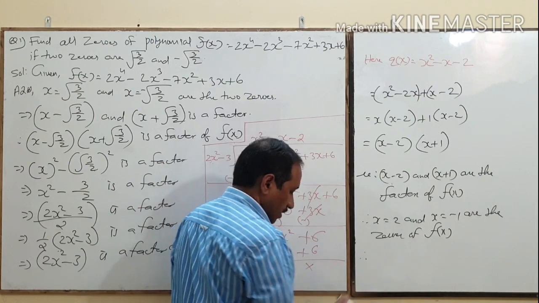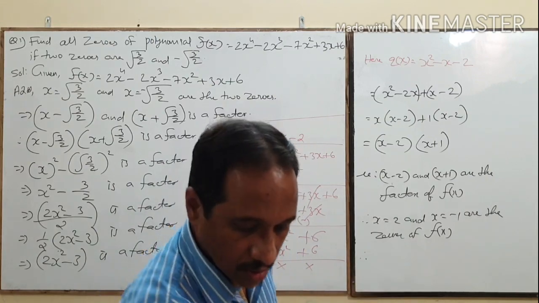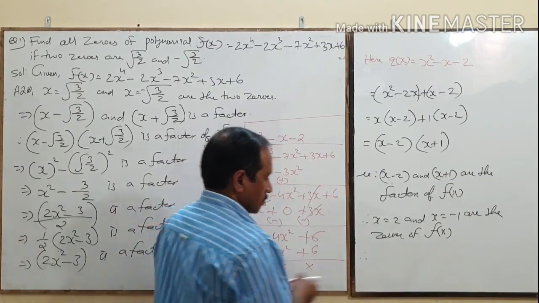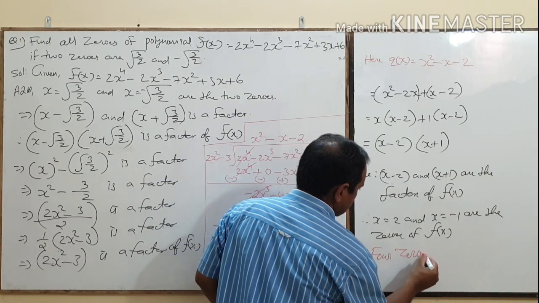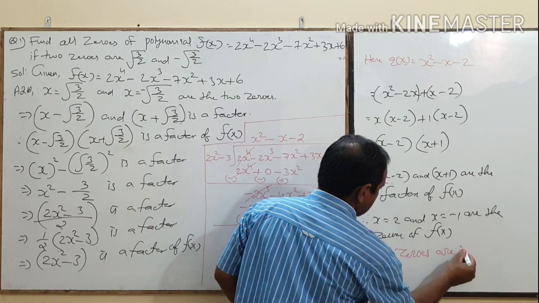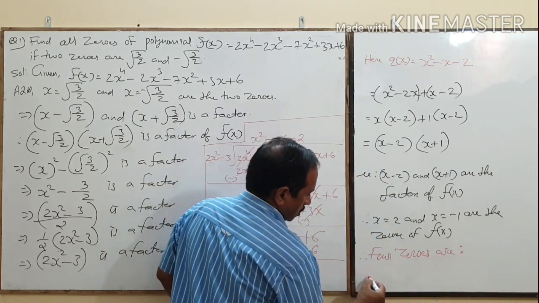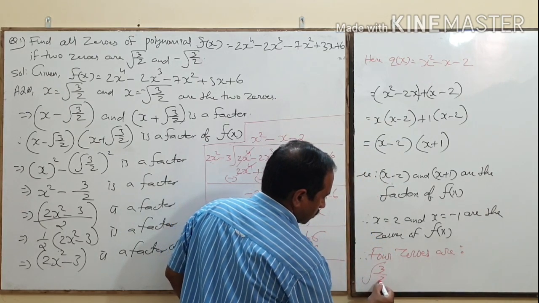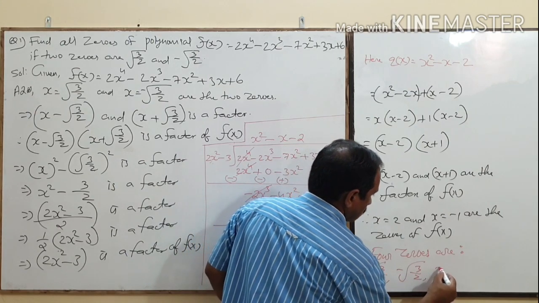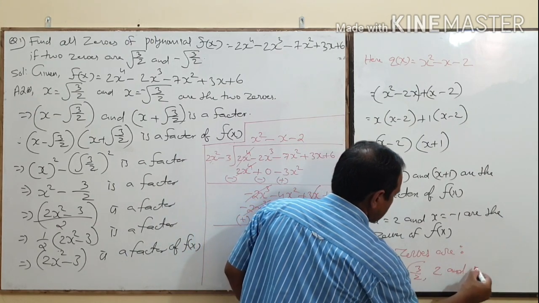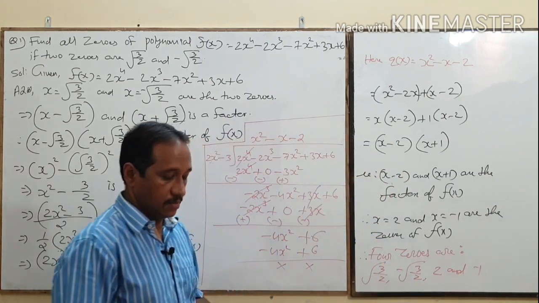Therefore finally we write four zeros are root 3 by 2, minus root 3 by 2, 2 and minus 1.